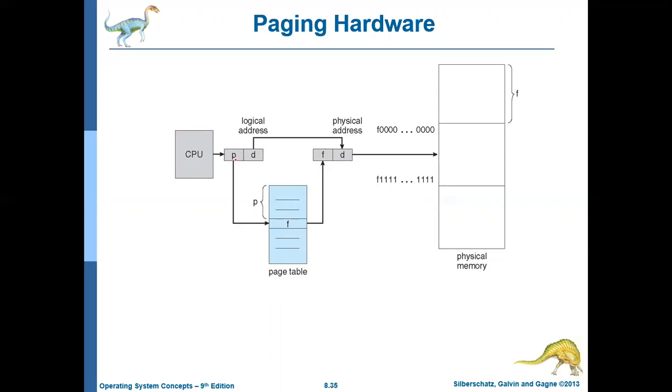So whatever value this P has, it will have a unique frame number. This frame number will be sent here, and by combining it with the offset value, it will be the physical address. And according to this physical address, you are going to target your actual memory. This is the paging theory. By this concept, you are going to convert your logical address into the physical one.